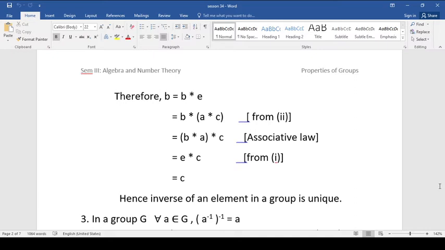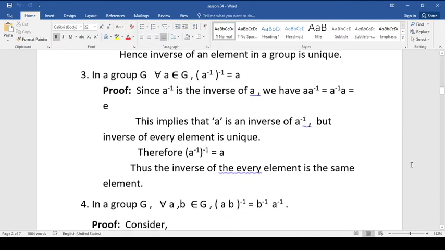So we have E star C, and E star C is nothing but C, and hence here we got B is equal to C. So therefore we can say that the inverse of an element in a group is unique.